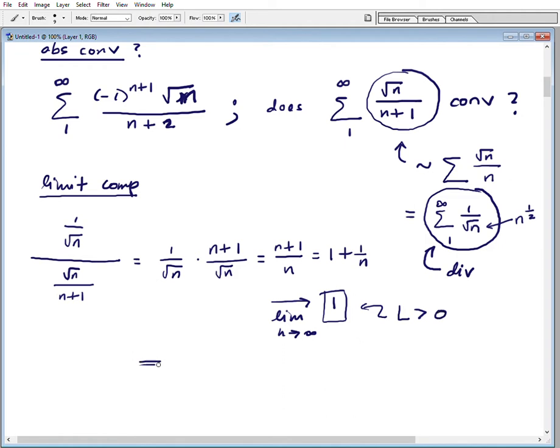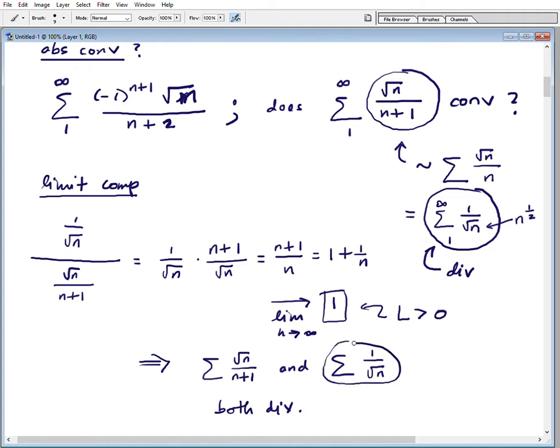All right, so by the limit comparison, that means that our two series, since this one diverges, they both diverge. So in other words, if the L is greater than 0, that means whatever this one does, this one will do as well.